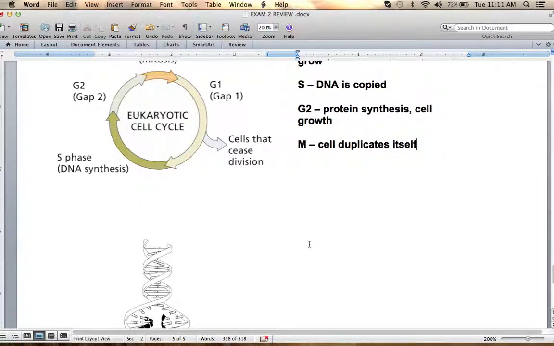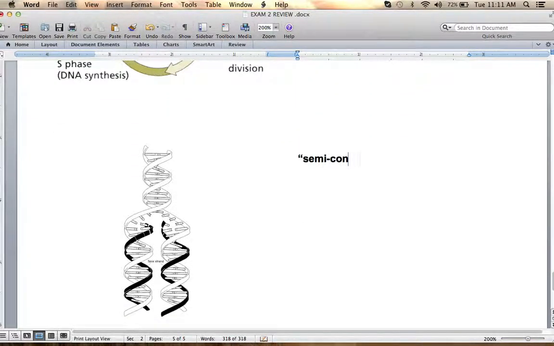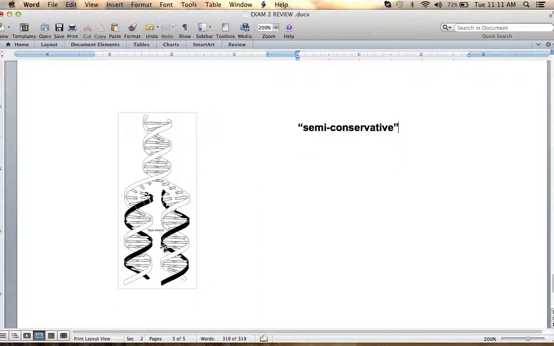All right, so when we're talking about DNA replication, DNA copying, a couple things you need to keep in mind. It's termed semi-conservative because when you have this original strand of DNA, it's going to be split in half, and a new strand, which here is black, is going to be built around the old parent strand.